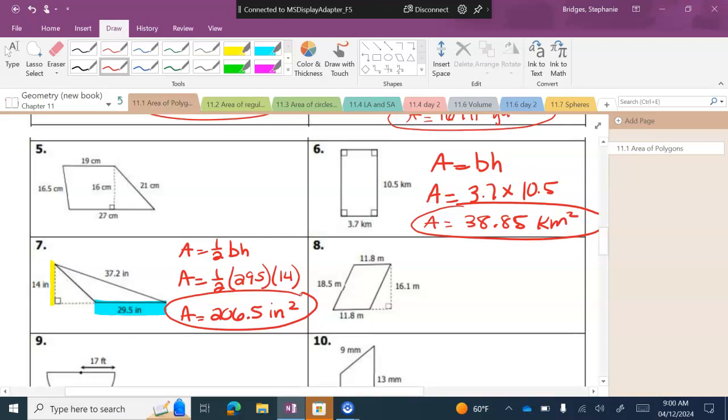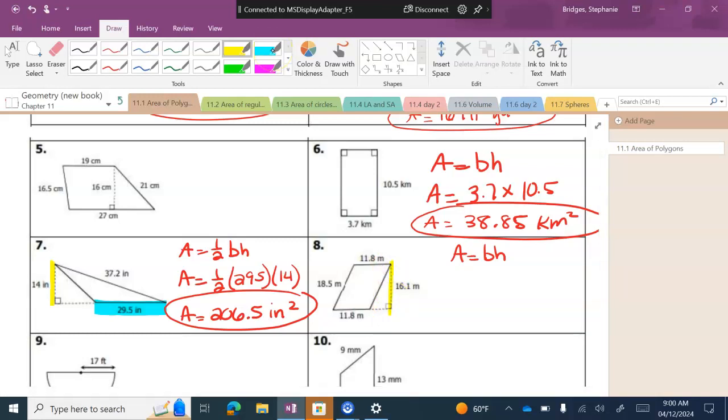What shape is number 8? Parallelogram. And again, the formula is base times height, and those are the ones that are perpendicular to each other. Think about measuring your height. It has to be straight up and down. What number in this picture would be my height? 16.1. Okay, so there's my height right there.